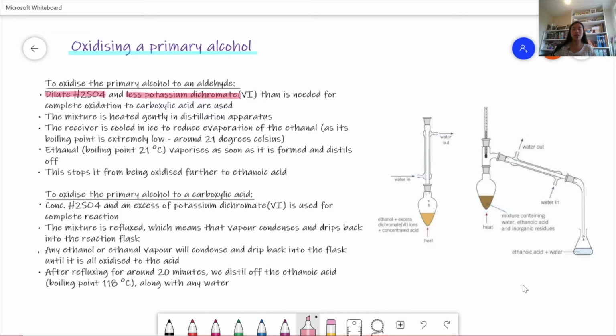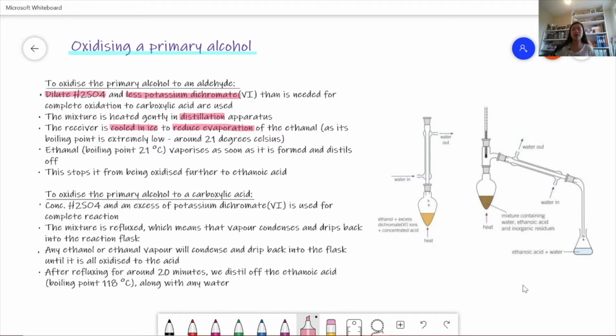So it's like the diagram on the right, but instead of having the mixture containing water, ethanoic acid, and inorganic residues, we would have the primary alcohol and the dilute sulfuric acid and the oxidizing agent. One really important thing to know is that the receiver is cooled in ice, and this is to reduce evaporation of the ethanal.